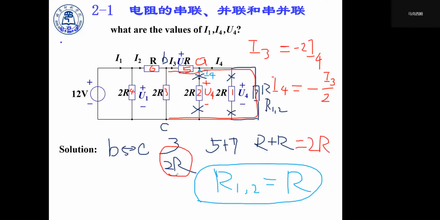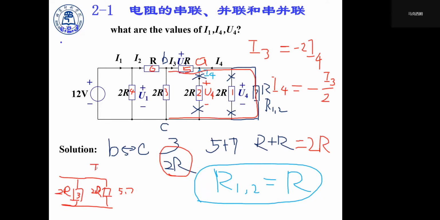The branch of resistor 5 and 7 has the same value, 2 times R. And they share the same voltage, right?